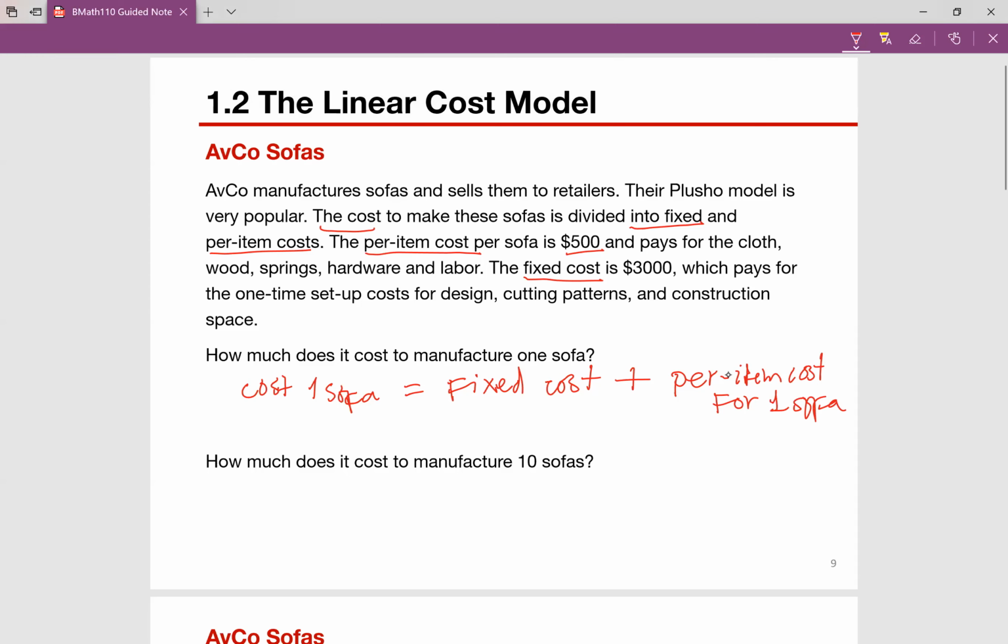So you should know that fixed cost is $3,000.